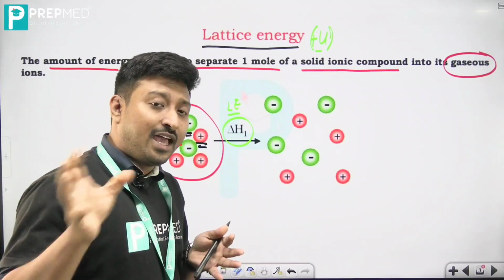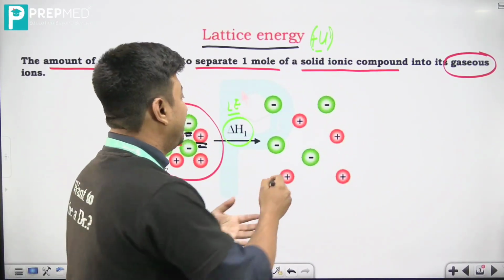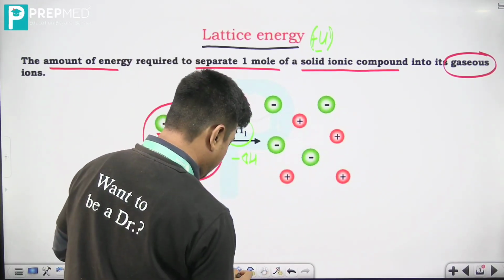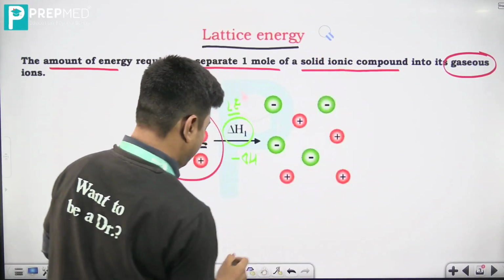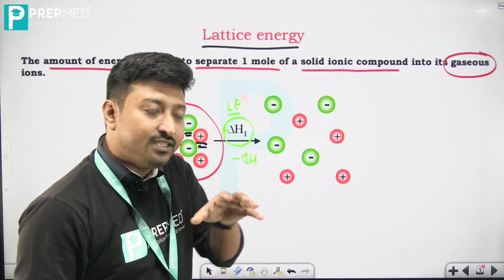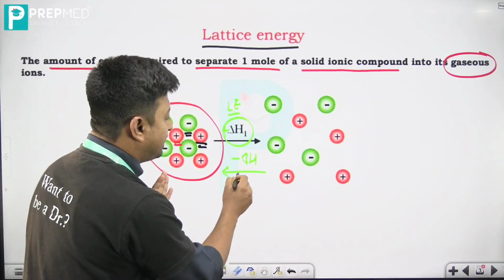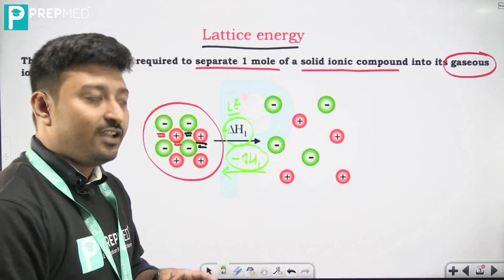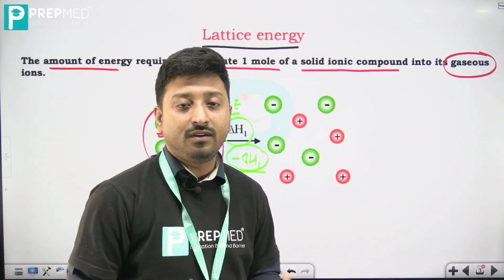Positive means we have to give energy, and when it is released it will be negative, okay. So positive delta H1 means we have to give energy, and for the opposite, negative delta H1 is the formation energy, right? So this is the concept of lattice energy.